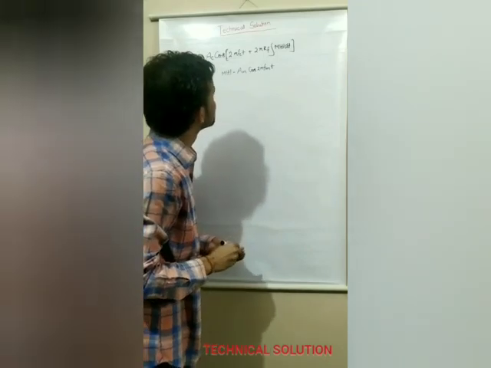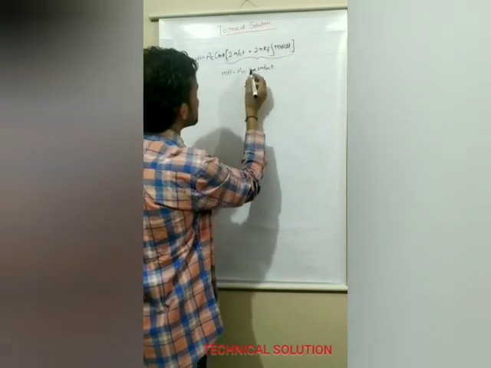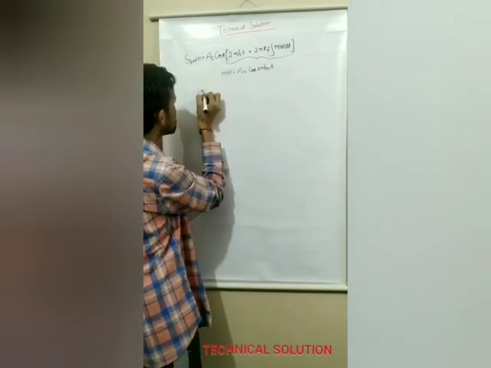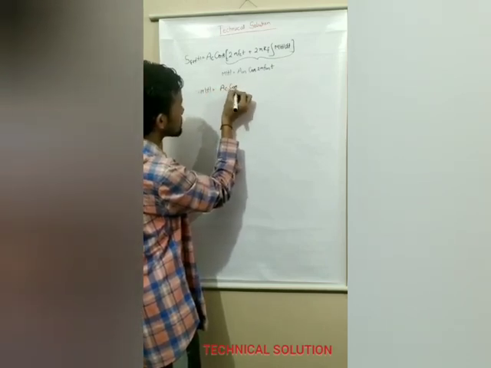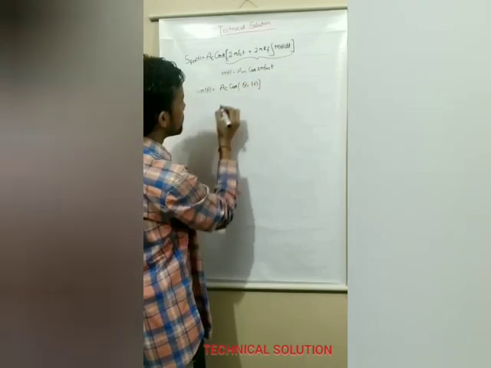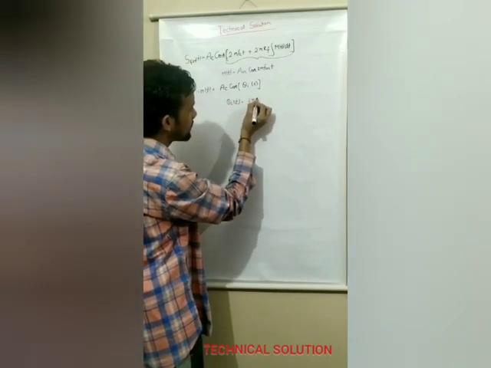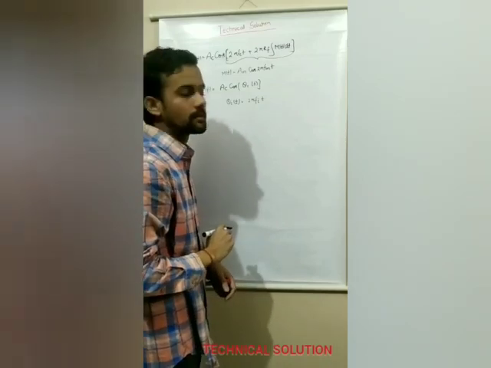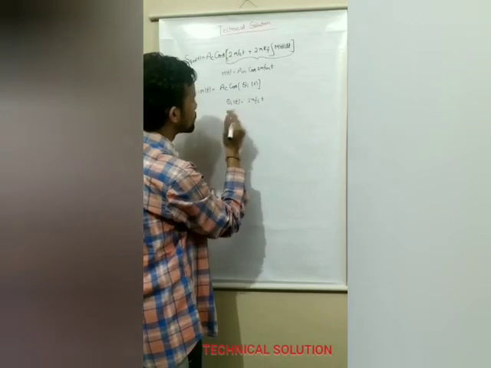Suppose this whole term is taken as theta_i(t). Then we can also write S_FM(t) equal to Ac cos θi(t), where θi(t) equal to 2π fi t. If you want to calculate this fi, then differentiate both sides.